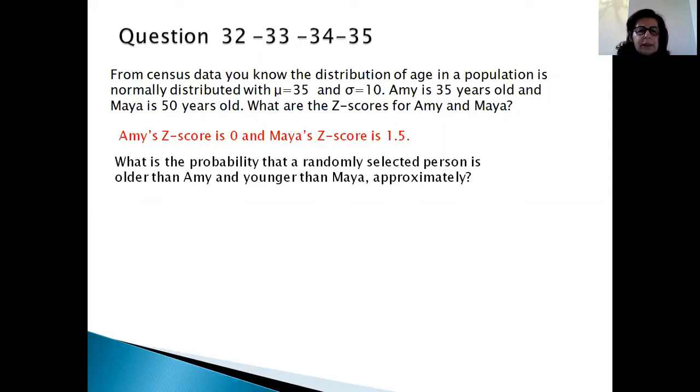What is the probability that a randomly selected person is older than Amy and younger than Maya approximately?